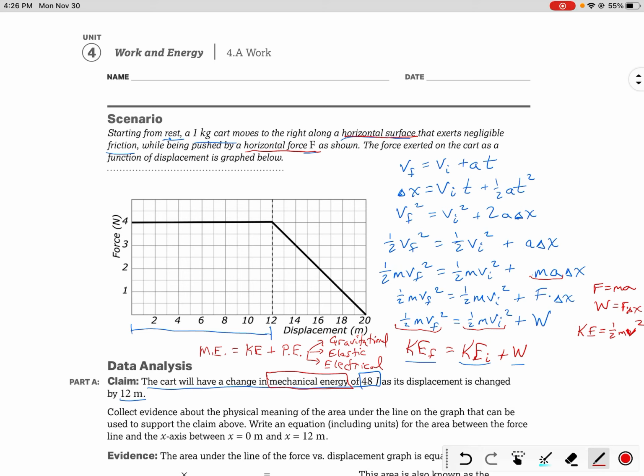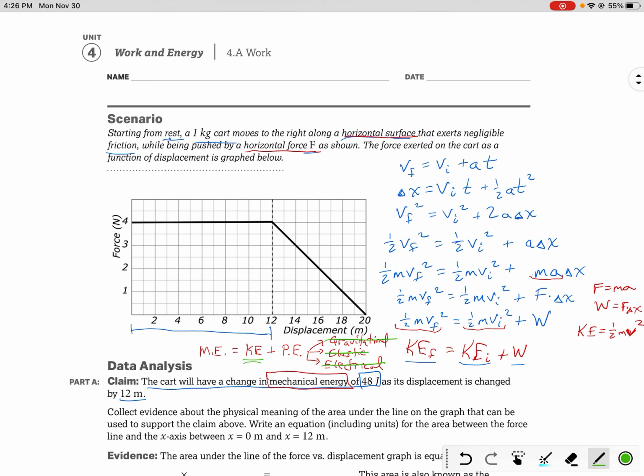In this case, since we don't have any springs in the system, there's no springs to have any elastic energy, there's no electrical components that are going to pick up any potential energy, and there's nothing that's getting any higher above the earth, there's no gravitational energy, so any amount of work that we do is going to end up changing simply the kinetic energy.